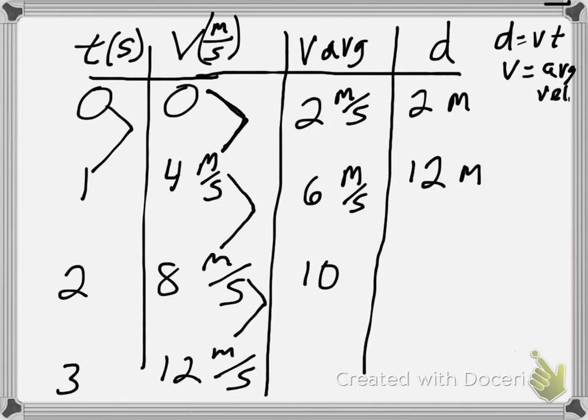And the velocity times the time, 10 times 3 is going to be 30. So after the first second, it covered 2 meters. After 2 seconds, it covered 12 meters. And after 3 seconds, it covered 30 meters. Okay? So notice that each increment of time, the object covers more and more distance. So distance does not increase uniformly with time for an object that's accelerating, which makes some sense.